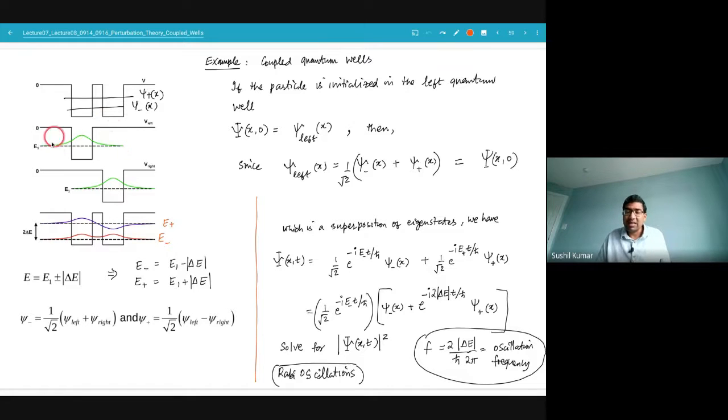This is called tunneling, and the oscillation is sometimes termed Rabi oscillation, although Rabi oscillation is used in general for something else, which is when you shine electromagnetic radiation. The photon gets absorbed and emitted and absorbed, and this is how photons get emitted from atoms or molecules or quantum wells.